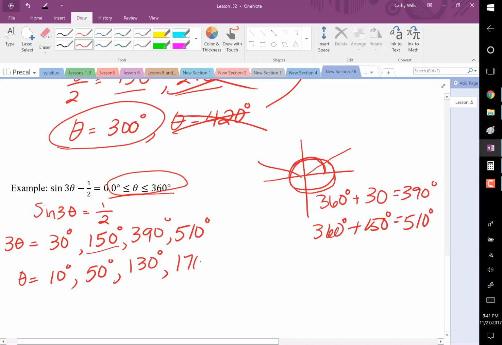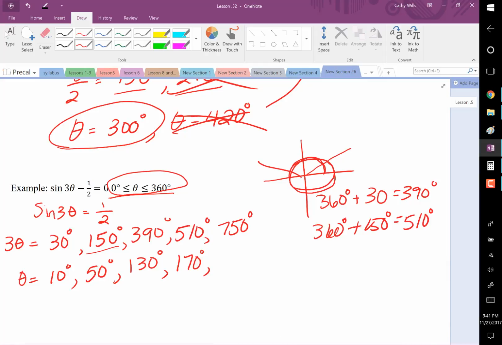So that's another choice for theta. If I spin around the circle twice and go to 30, that's going to be 720 plus 30, which is 750. So that's another possibility for 3 theta, which makes theta 750 divided by 3.